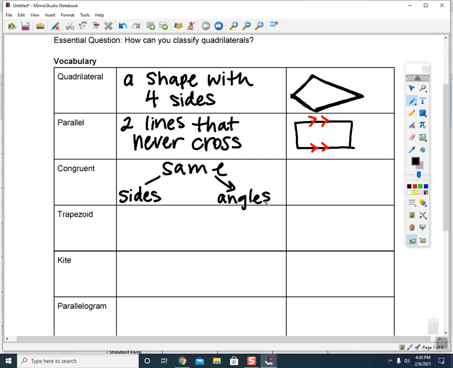When we're specifically talking about quadrilaterals, we're mostly going to be talking about sides. There are a couple times when we'll care about angles, but for the most part we're going to be looking at congruent sides. So I have a rectangle here, right? I use these tick marks, these little lines, to say that they're congruent. So these top two are congruent, and then the two side lengths are also congruent. That means same.